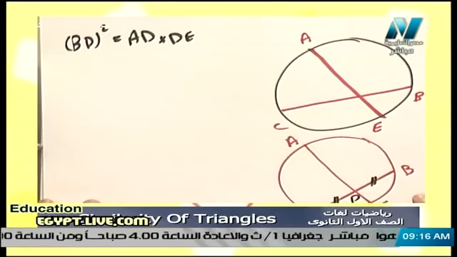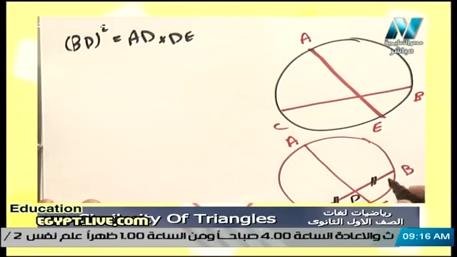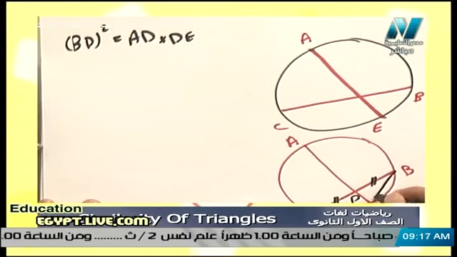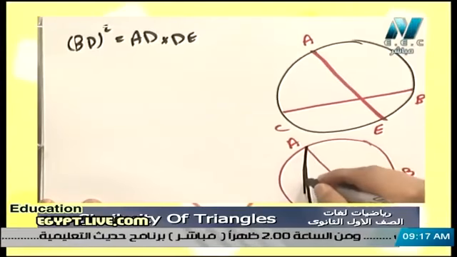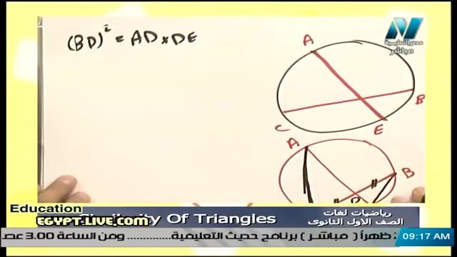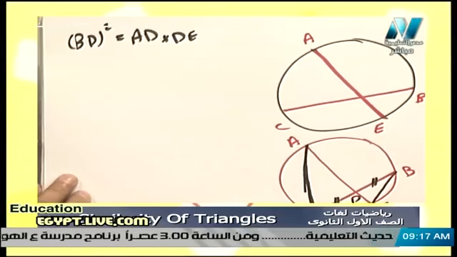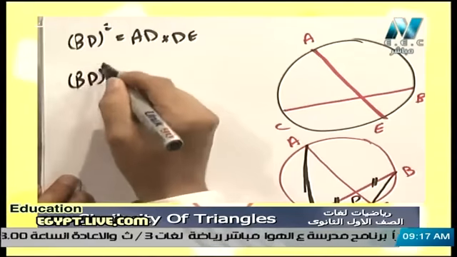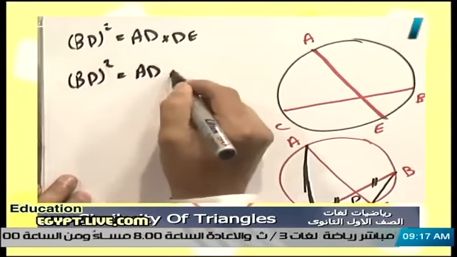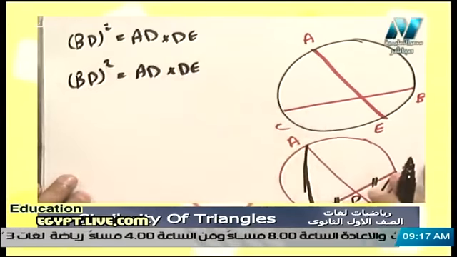They must be two triangles to prove that the two triangles will be similar here. Okay, we have to prove that BD power 2 equals AD times DE here.